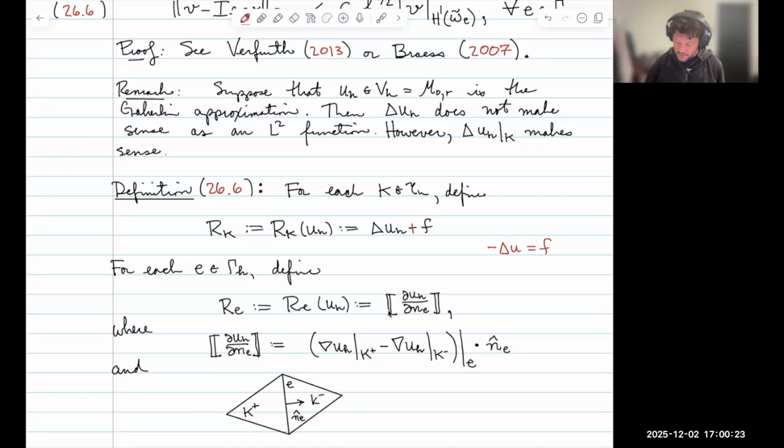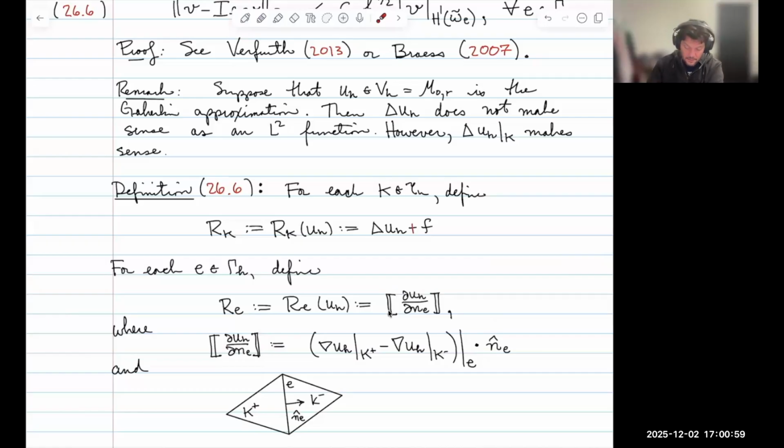The residual is you just take this object to the other side, and that's going to be f minus minus Laplacian u_h, which becomes a plus. So yes, I had the sign incorrect. I wanted a plus here. So I can define this object. If you tell me the Galerkin approximation, I can compute its Laplacian on every triangle.